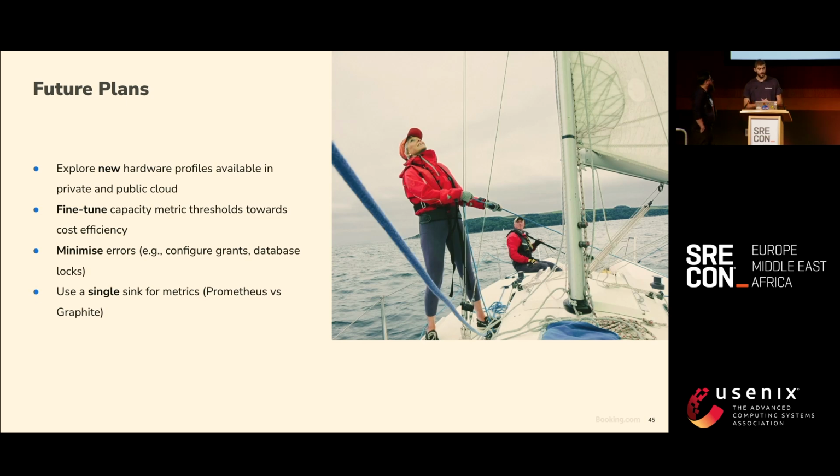Of course, we want to minimize errors, so we want to handle the errors that we see and are common in a good way. And finally, we consider using a single sink for metrics, because you see we use both Prometheus and Graphite right now. This would simplify the picture a bit.